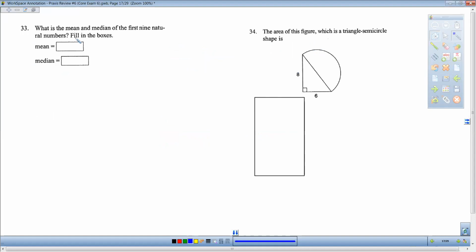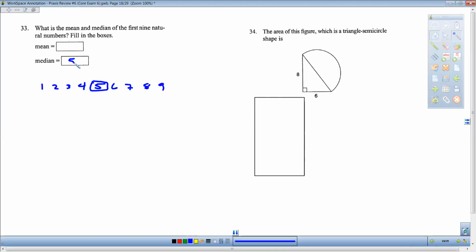What is the mean and the median of the first 9 natural numbers? 0 is not a natural number. When we're talking about natural numbers, we're talking about counting numbers, and 0 is not a counting number. So if we find the median, we have 9 numbers, so right in the middle would be 5.